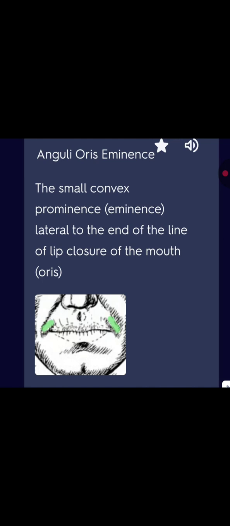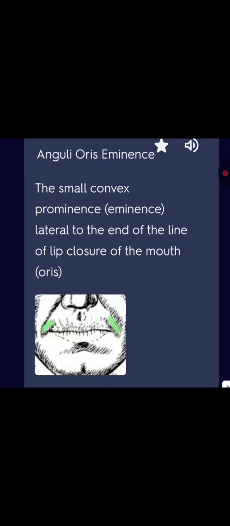Angulus oris eminence, or anguli oris eminence. So you see angulus or anguli, it's close enough to angle, means angle. Oris means mouth, and eminence, projection or prominence. This is the small convex prominence lateral to the end of the line of lip closure of the mouth.